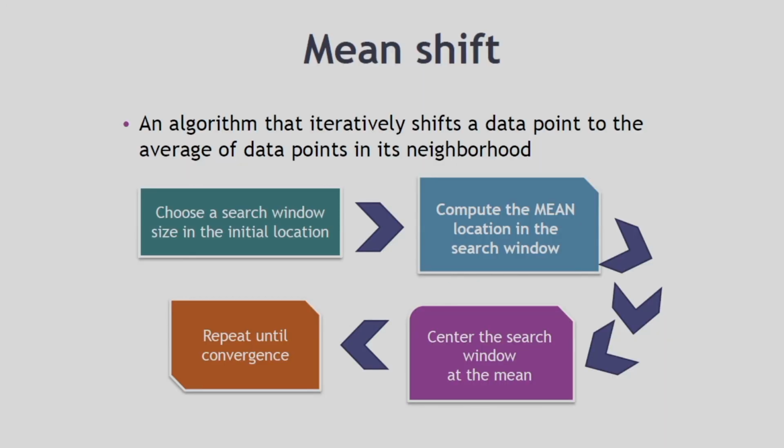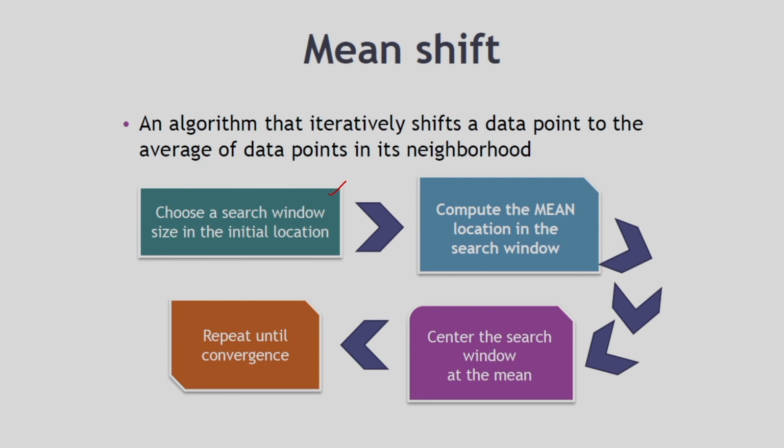After this I will consider another algorithm for object tracking, that is the mean shift algorithm. What is the objective of the mean shift algorithm? It is an algorithm that iteratively shifts a data point to the average of data points in its neighborhood. For this, we have to consider a search window in the initial location.